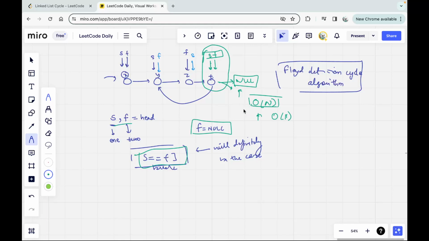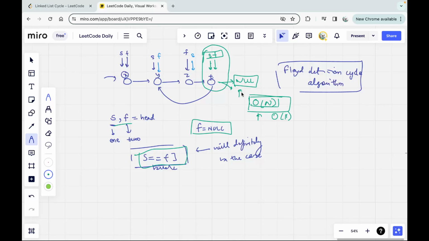So why does this algorithm work like this? And first of all, why is this algorithm even valid? What is the logic that the fast pointer moves by 2 units and the slow pointer by 1 unit, and they will definitely become equal if there is a cycle in the linked list? Why not the fast pointer moving 3 times the speed of the slow pointer or any other integer? Why only 2? These questions might come to you.